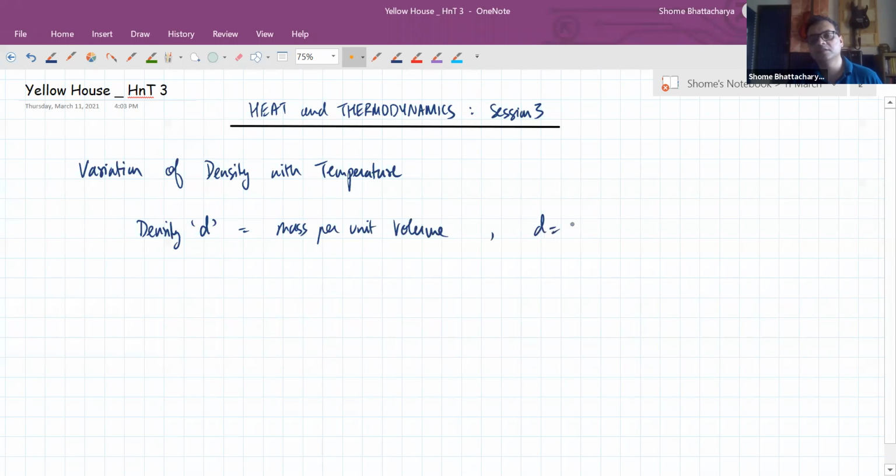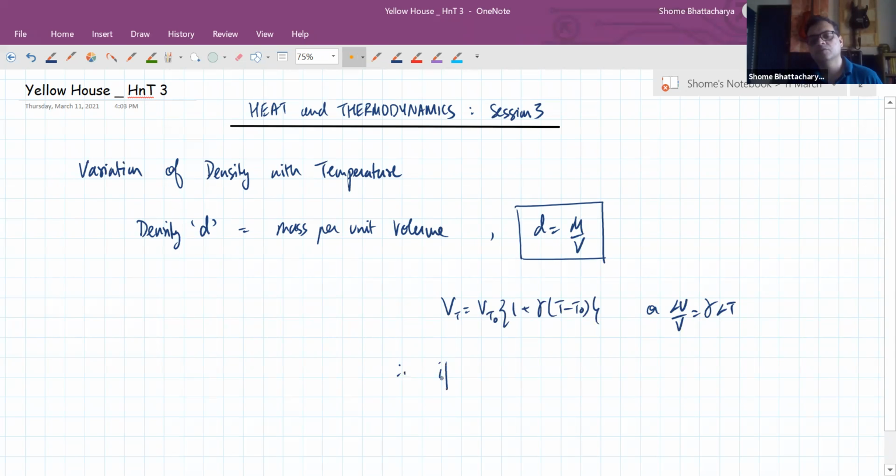Or we can write the density of an isotropic material having uniform density as m by v. So we know volume varies with temperature according to this relation, or delta v by v is equal to gamma delta T. Therefore, if at temperature T naught, D is equal to D naught.